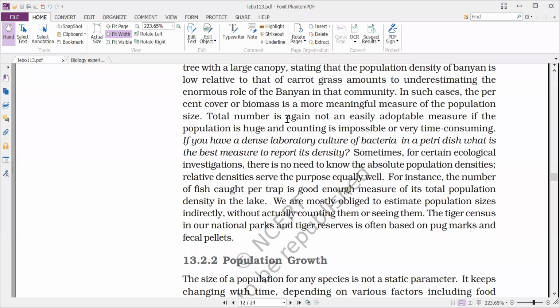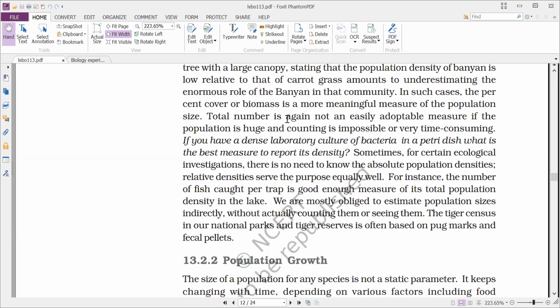Sometimes for certain ecological investigations, there is no need to know the absolute population densities. Relative densities serve the purpose equally well. For instance, the number of fish caught per trap is a good enough measure of its total population density in the lake.